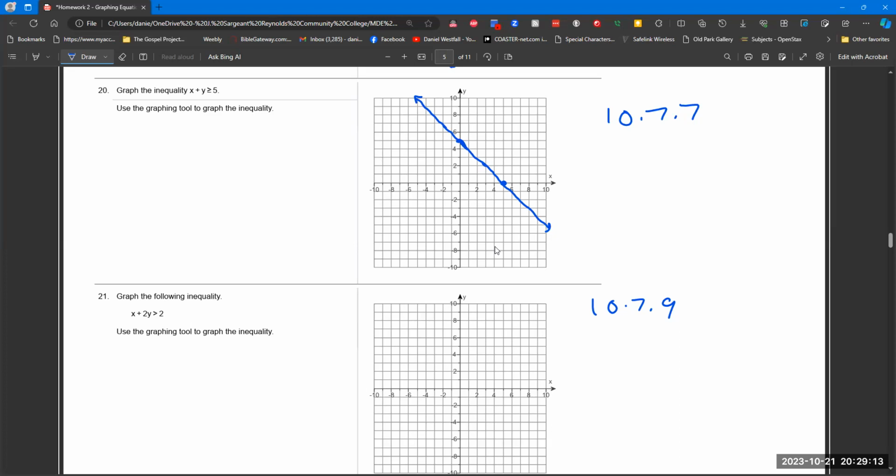But I'm going to use a test point here. I'm going to use the test point of 0, 0 when I can, just because it's easy, because all the parts with x's and y's become 0. So is 0 greater than 5? It is not. So the side with 0, 0, which is over here, is false.